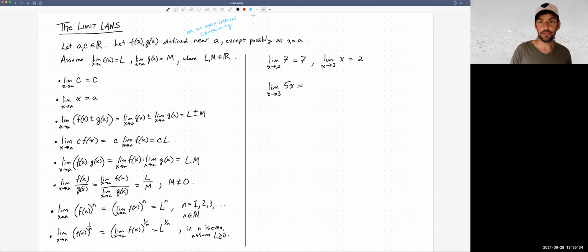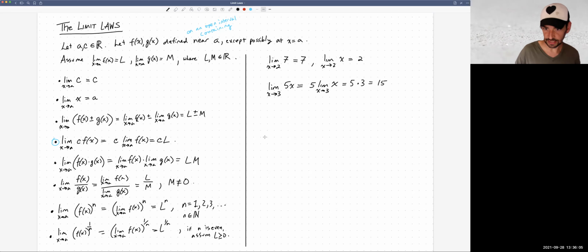I know from this rule about constant multiples that I can slide that 5 outside. That's what that rule tells me. If I have a function times a constant, here the function x times the constant 5, I can slide that constant out. Now I can apply the rule we just did above. I know the limit as x goes to 3 of x is just 3. And now I have that the limit is 15.